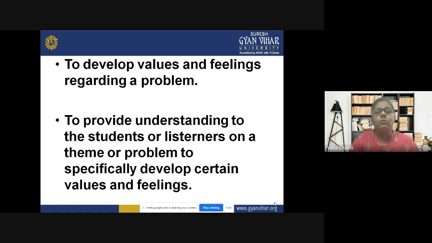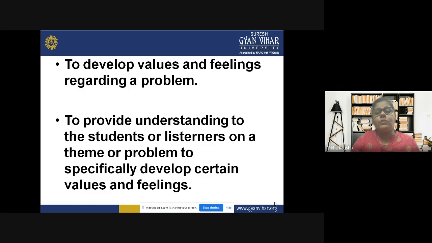To develop values and feelings regarding a problem. With the symposium on a particular topic or problem, after the symposium you will be able to develop different values and feelings regarding a problem.